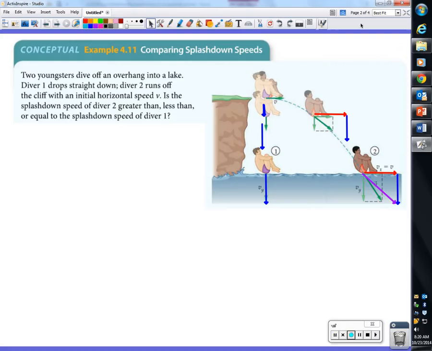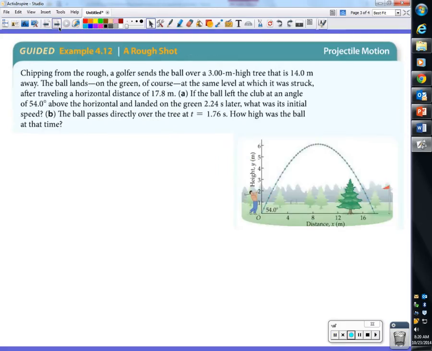Okay, let's take a look at page 5. And on page 5, let's look at guided example 4.12. Okay? I know I'm skipping over a little bit, but there's a reason why. So it says, chipping from the rough. A golfer sends a ball over a 3-meter high tree that is 14 meters away.